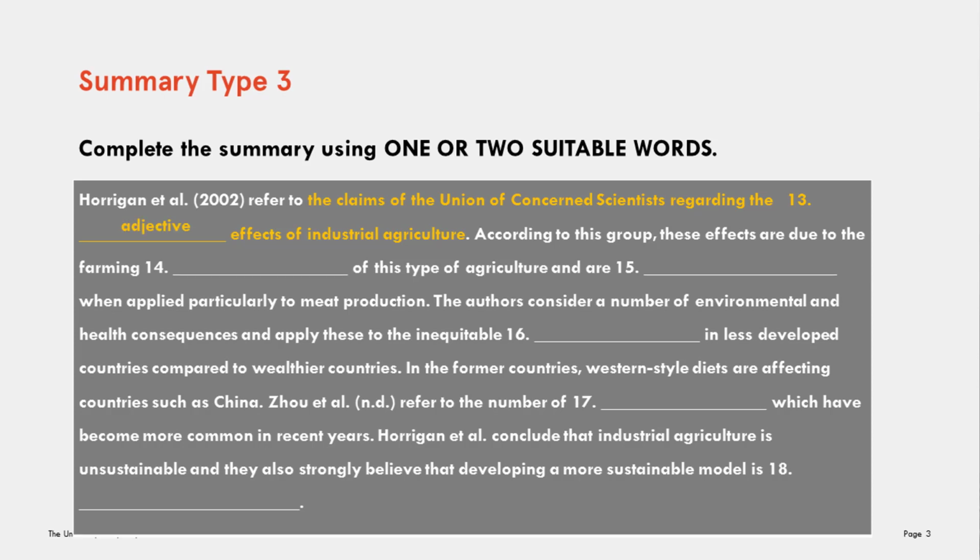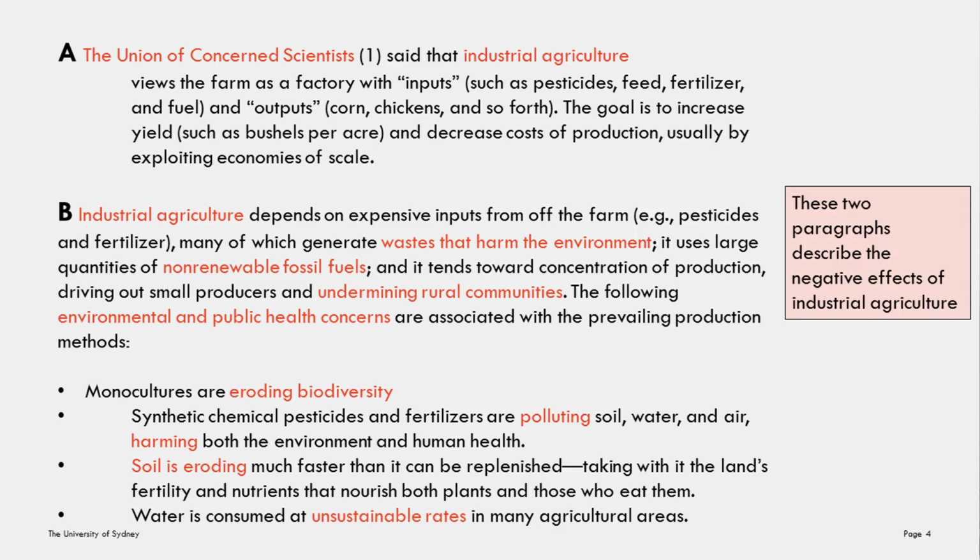We can see that an adjective is needed in the gap because we have the before and effects, which is a noun, after the gap. From the text we can see that an adjective such as negative or adverse would be suitable.